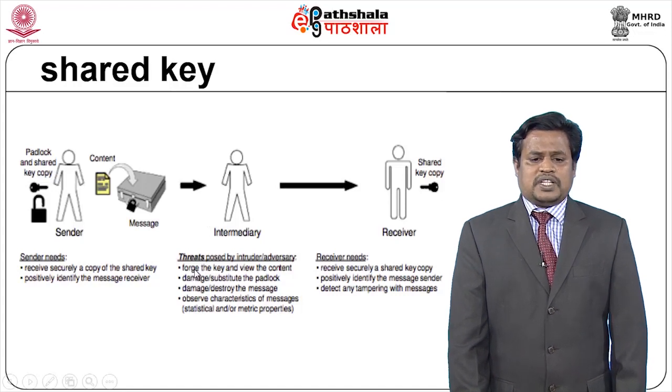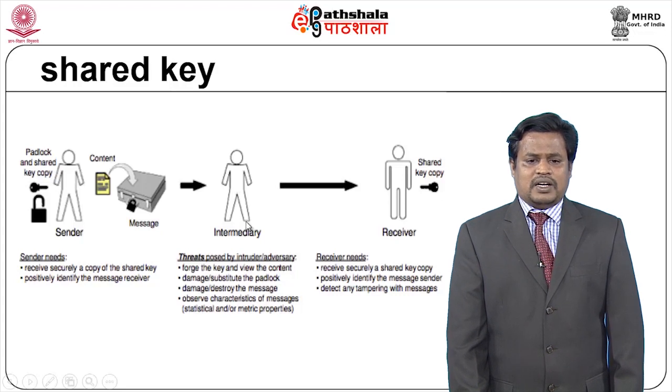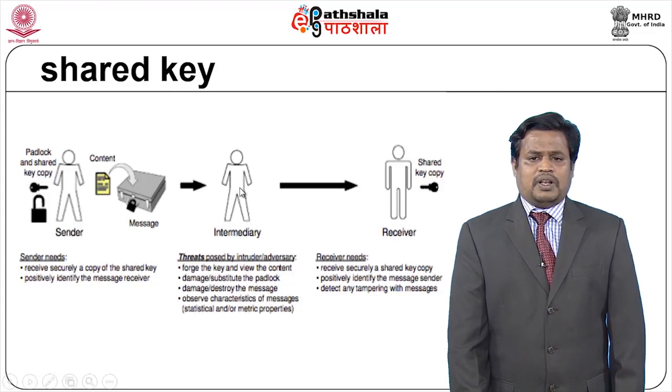So how do they pose the threat? First, they may forge the key and view the content, or sometimes they may damage and substitute the padlock, and damage or destroy the message, and sometimes they observe the characteristics of the message. We have already seen the roles they play in the case of threats. As we know, some people will be active attackers, some may be passive attackers.